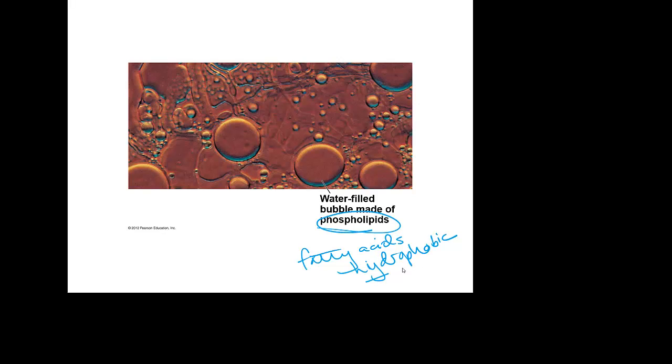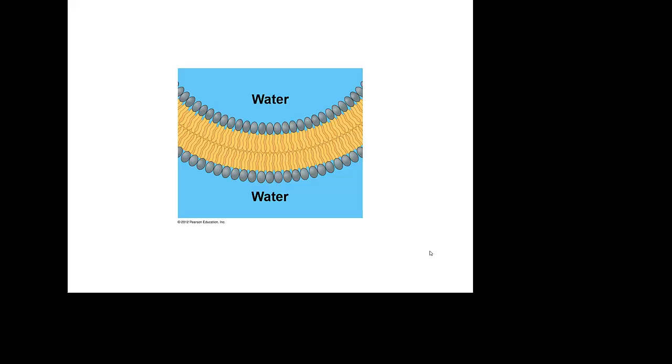So they fold to the inside. The hydrophilic heads go to the outside and to the inside of the cell itself, or in this case, water droplet. And we get this membrane that essentially spontaneously forms in an aqueous environment. So this water kind of thing going on with a membrane in the middle with our hydrophobic tails and our hydrophilic heads.